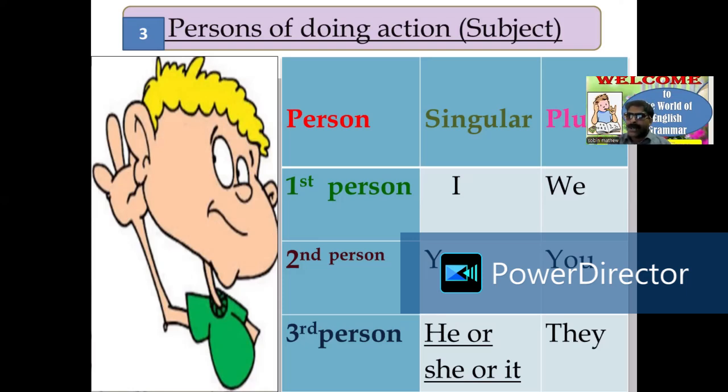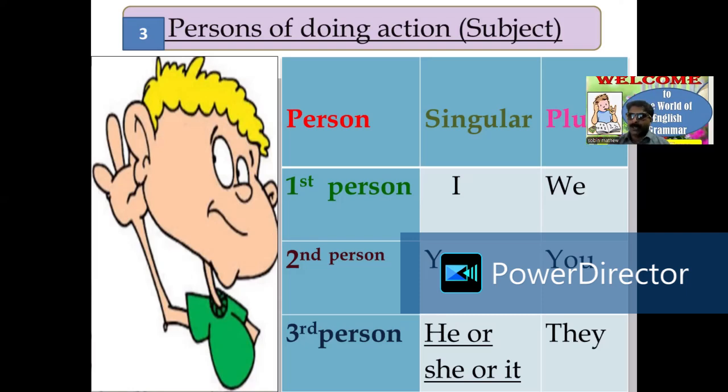Anagha, can you read the singular subjects like first person, second person, and third person from the screen for us? Then Anagha looks to the screen and reads: first person singular I, second person singular you, and third person singular he, she, or it.